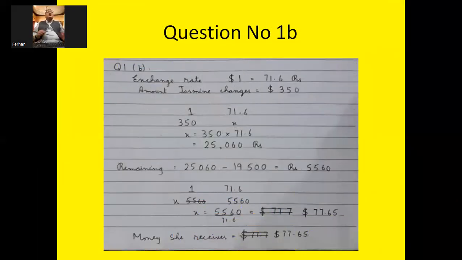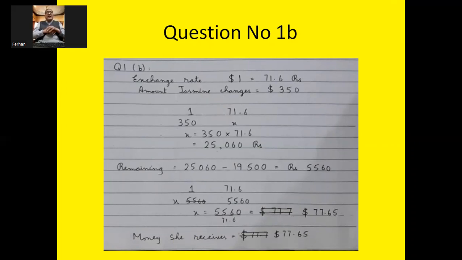Okay. So the exchange rate is $1 equals 71.6 rupees. The amount Jasmine changes is $350. So $1 means 71.6. $350 means how much money? So cross multiply here. So X will be equal to 350 multiply 71.6, and that will be 25,060 rupees.